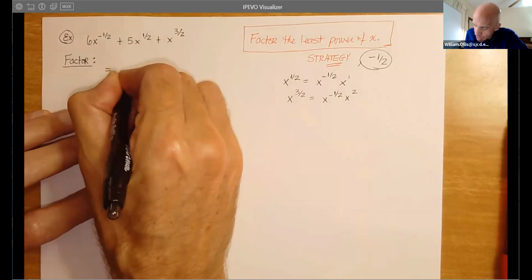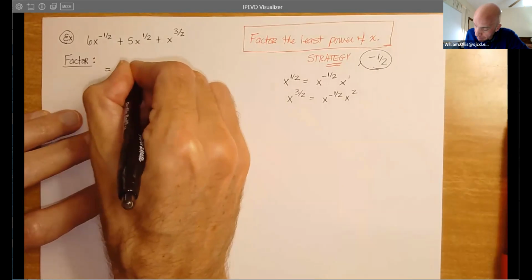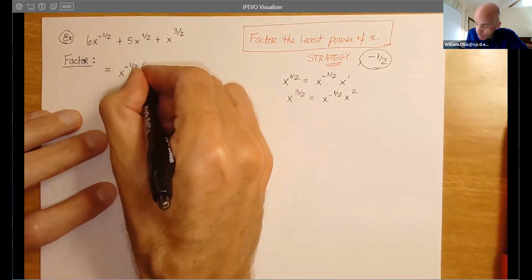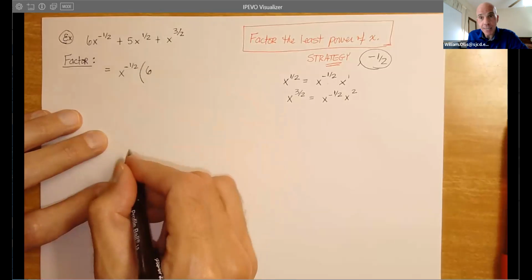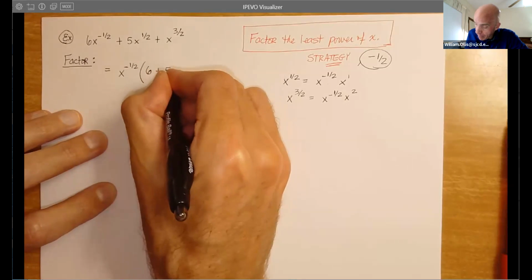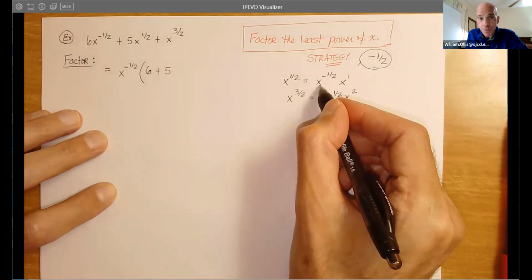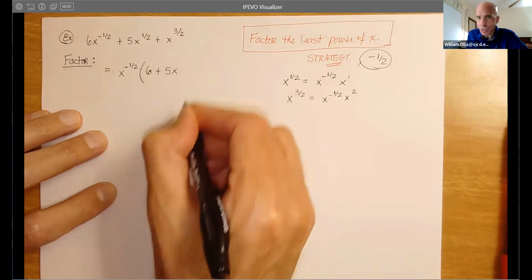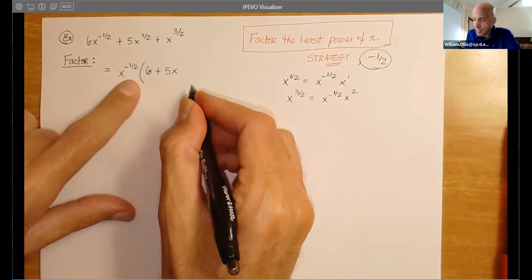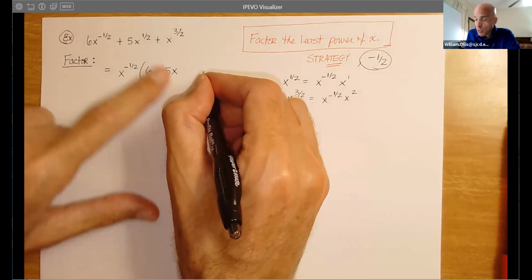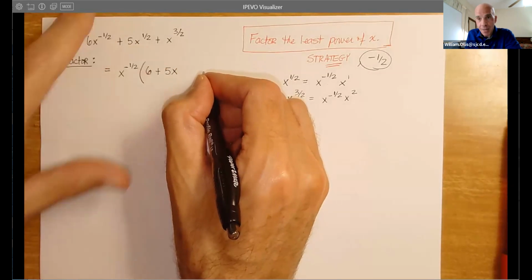So we have x to the -1/2. So now we've removed that. So what's left behind is 6. That was easy. And now, of course, we have the 5. And we see if we remove the x to the -1/2, we have the x left over. So don't just guess. When you multiply these together, -1/2 plus 1 gives you x to the 1/2 and then the 5, so that checks out.